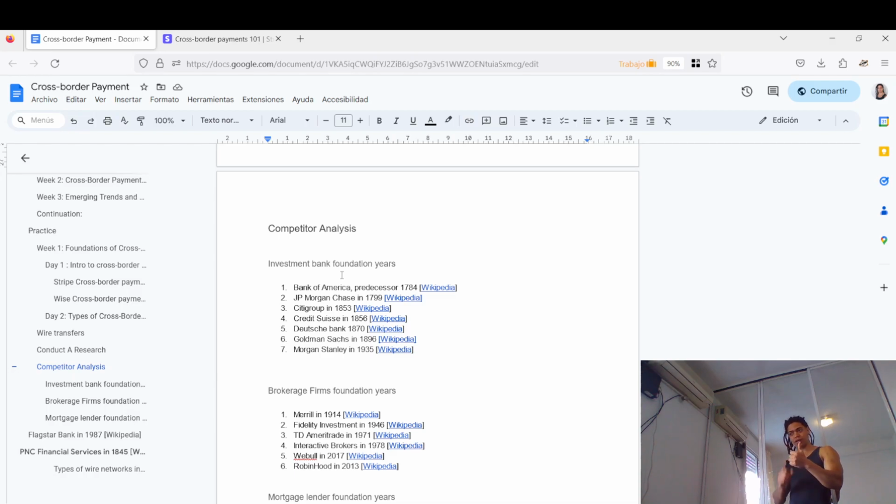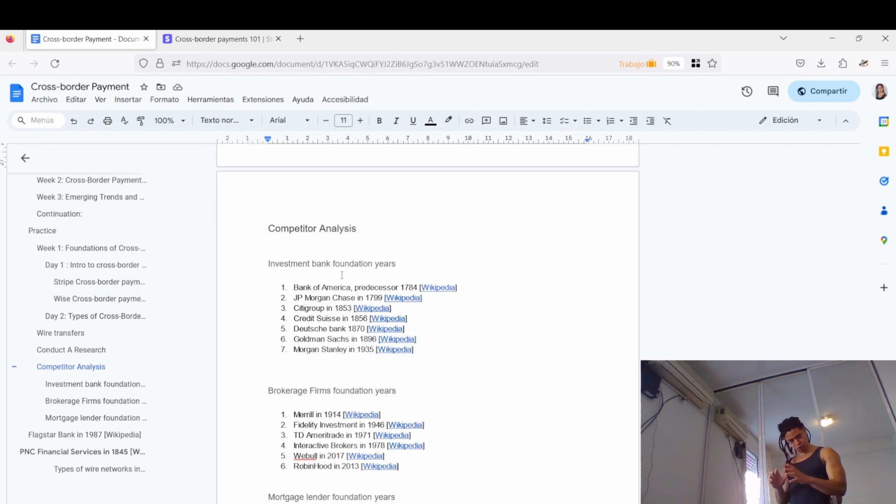J.P. Morgan Chase in 1799, Citigroup in 1853, Credit Suisse in 1856, Deutsche Bank in 1870, Goldman Sachs in 1896, and Morgan Stanley in 1935.